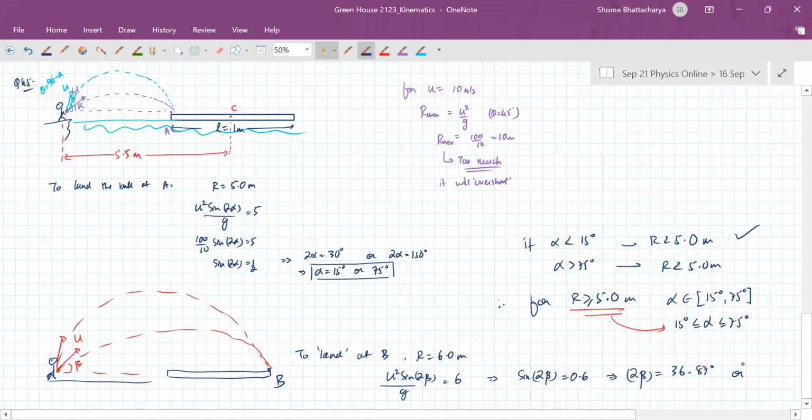So 180 minus that, so that will be 143. Actually, 0.6 will be 3 by 5. Right? 37, almost 37. Actually, 37 is not exact, it is like 36.9 actually. So we take it as 37. So 143. So beta should be equal to either 18.5 or its complement.